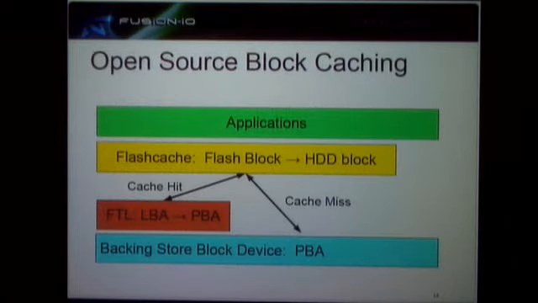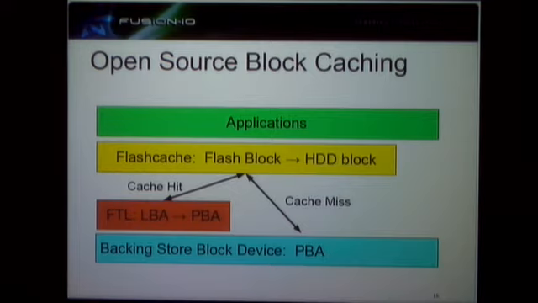So one application that drove the development of these interfaces at Fusion was the notion of doing block caching. Hopefully some of you are familiar with the open source project FlashCache, which takes blocks off of a traditional hard drive and caches the most recently used ones in an SSD or NAND flash.